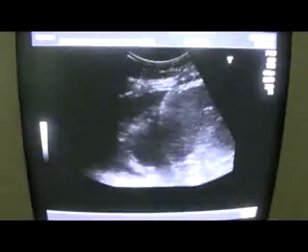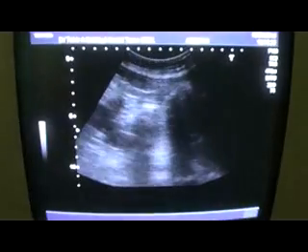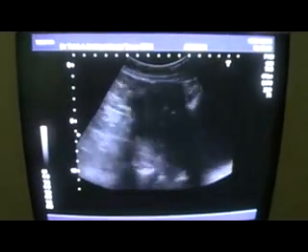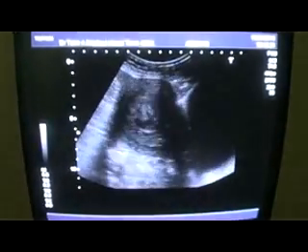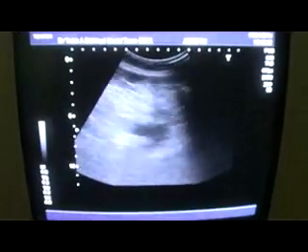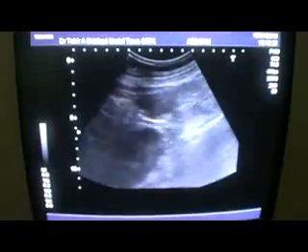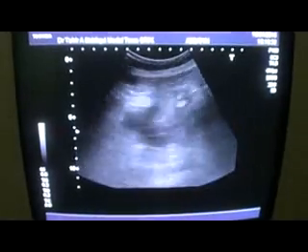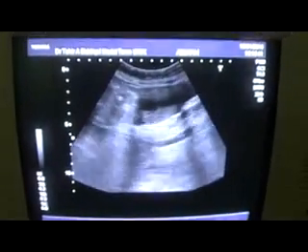So this is our case of the day, which relates to multiple pathologies in a single patient, with the primary seemingly in the region of the pelvis.